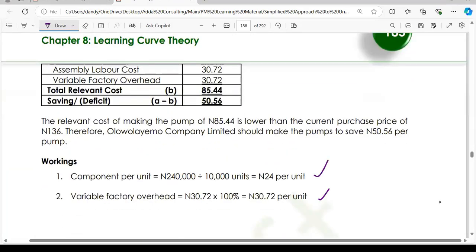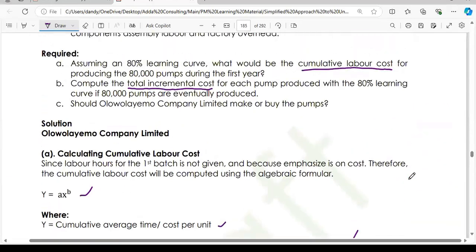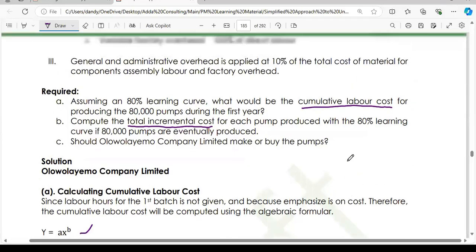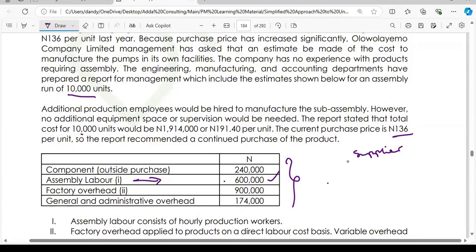Finally, in the C requirements, examiner is asking you to advise whether Olowo Layema Company Limited should make or buy the pumps. So this is make or buy. In this case, you need to compare the supplier's quotation of 136 naira versus the relevant cost of making the pumps.